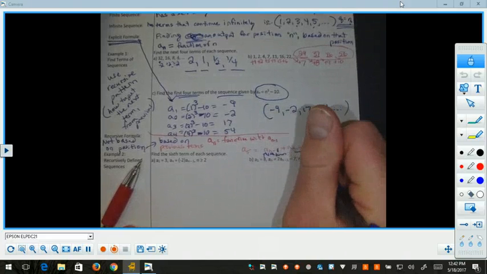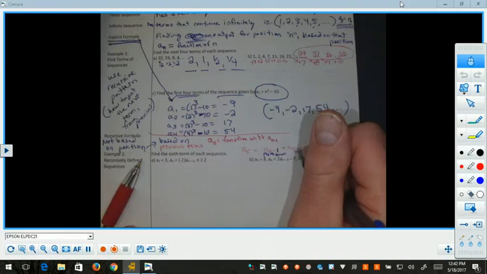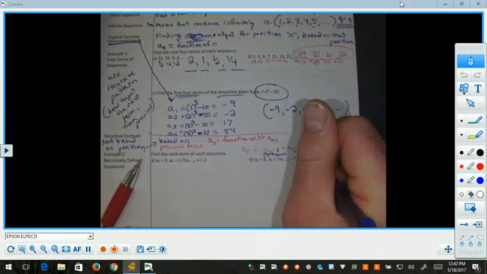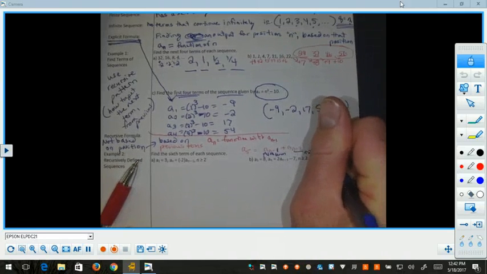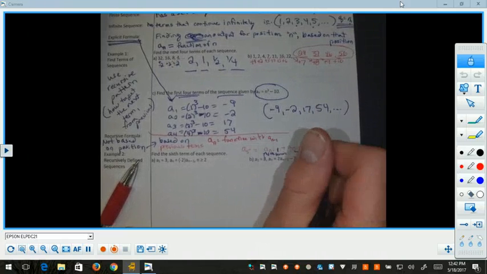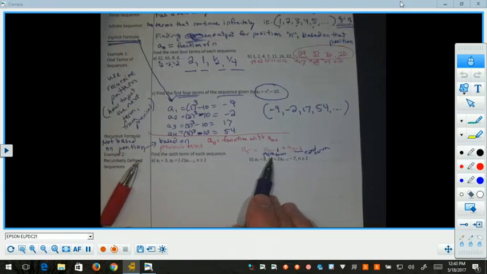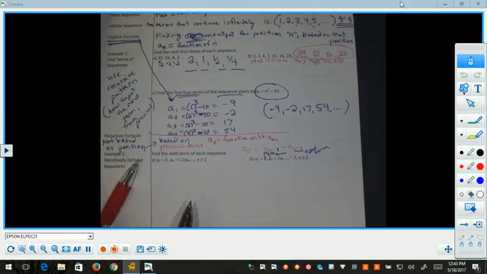And 5 minus 3 would be the 2nd term. So I'm going to figure out what the output is in position 4 and in position 2.